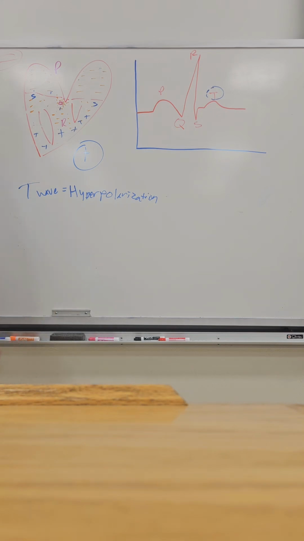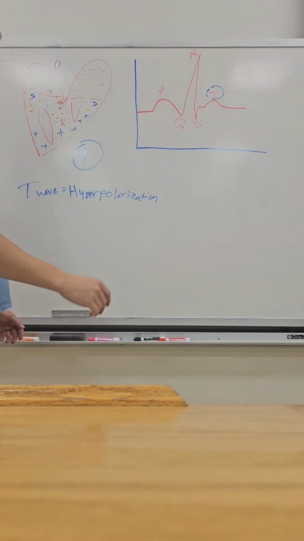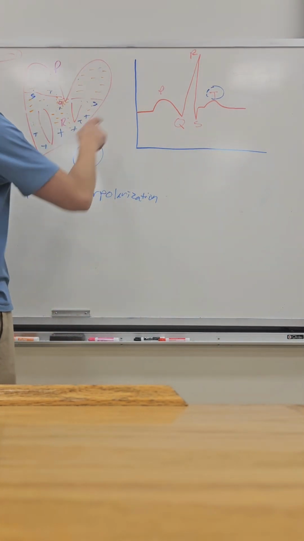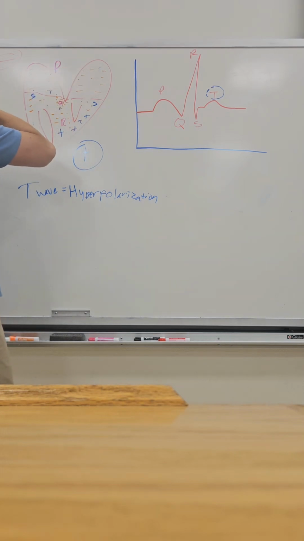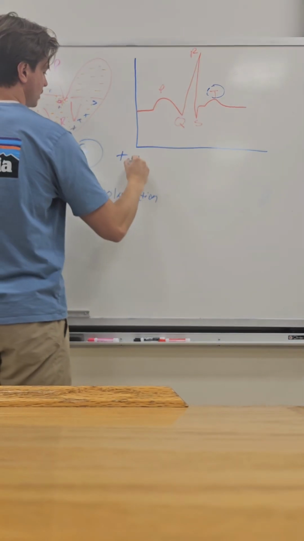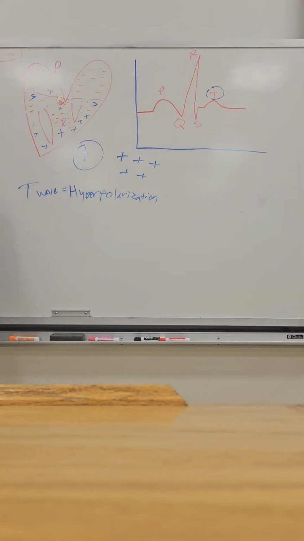Okay, so basically, this is what a normal EKG looks like. You have a P wave come through, and the P wave is the depolarization of the atria. Normally we'll have positive charges outside the cell membrane. These negative charges represent depolarization.